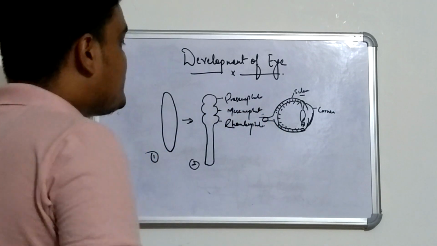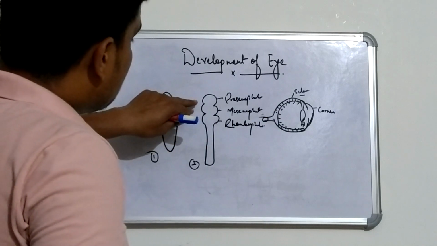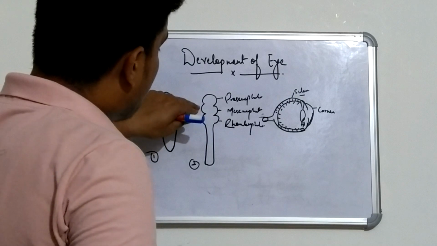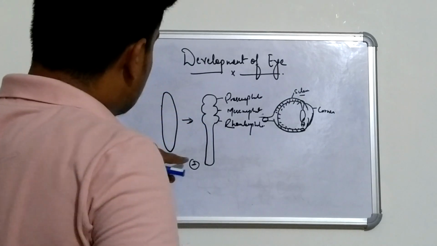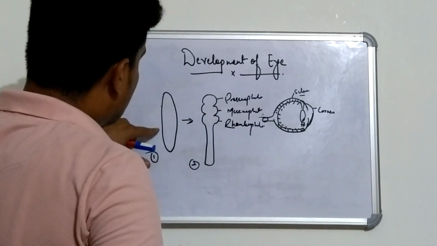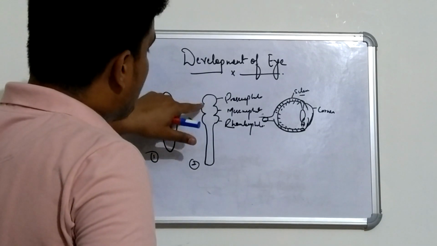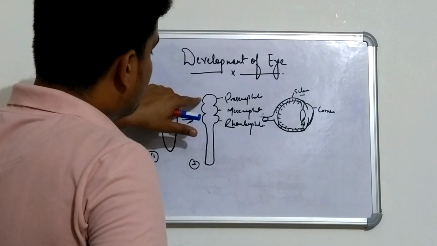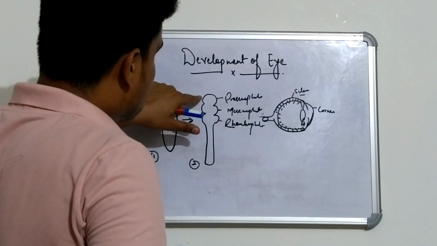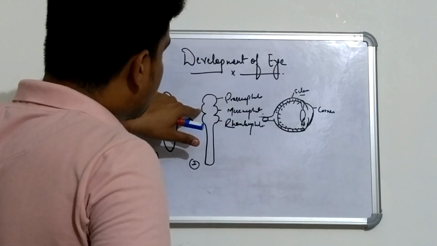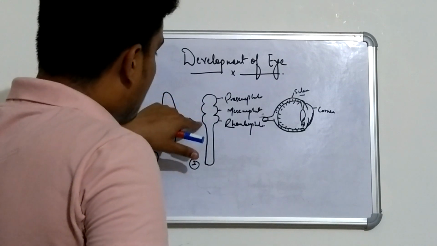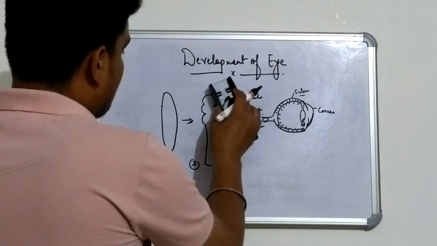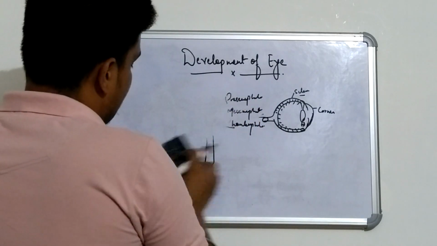So these are the 3 different bulge out areas, pop out areas, which form in the second stage of the neural tube, which are part of the brain: the forebrain, called prosencephalon, the midbrain, called mesencephalon, and the hindbrain, called rhombencephalon.